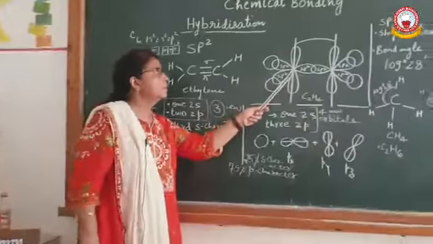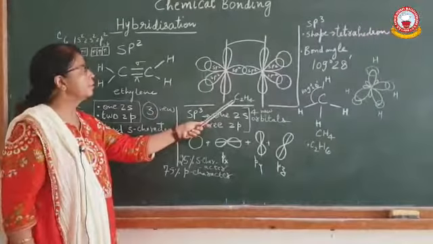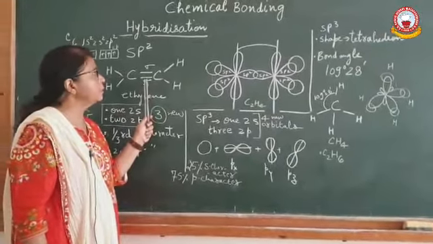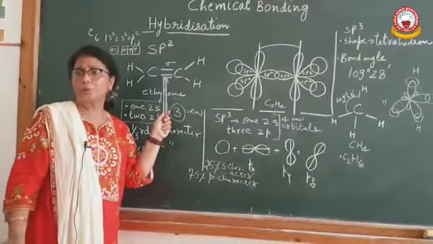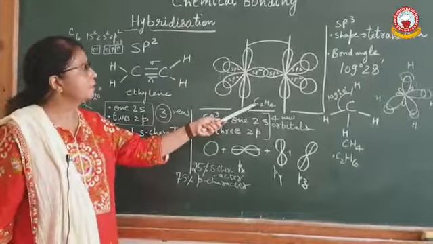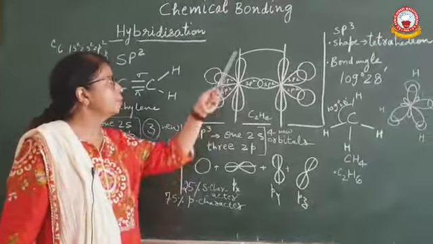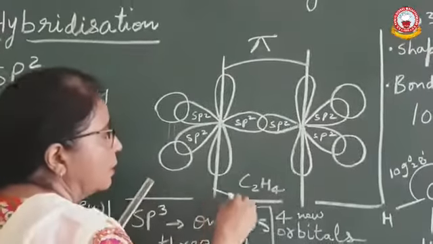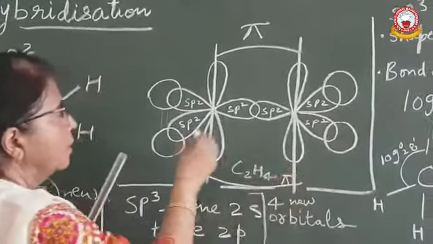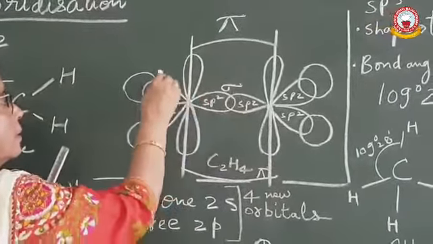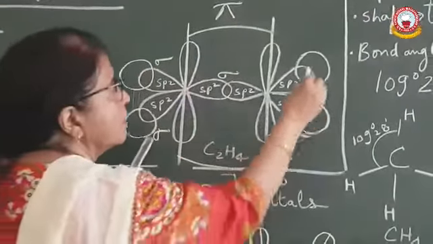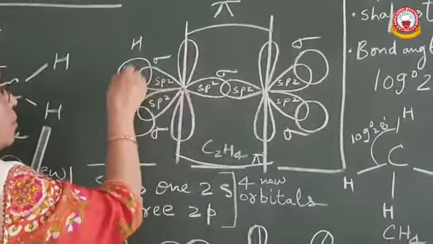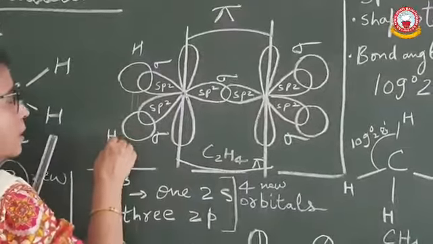This is your orbital overlap diagram of C2H4. This is ethylene. Here I have drawn the diagram in which how the orbitals overlap is not shown. Here you can see this is ethene, this is pure p orbital and it is bonded by a pi bond. Here also a pi bond. Here sigma, sigma, sigma, sigma and sigma. And this is one carbon, it is bonded to one hydrogen here, another here.